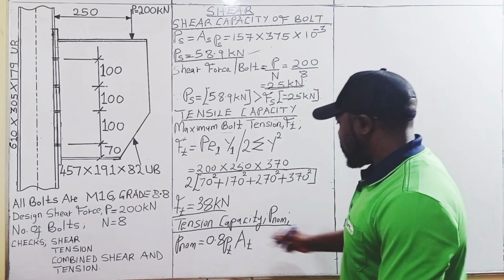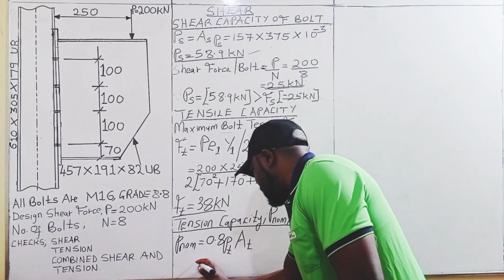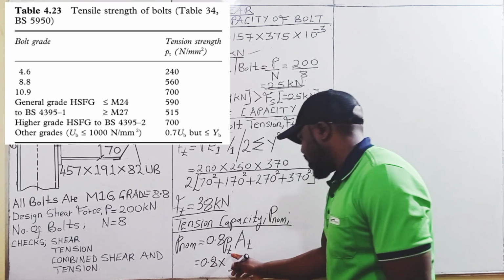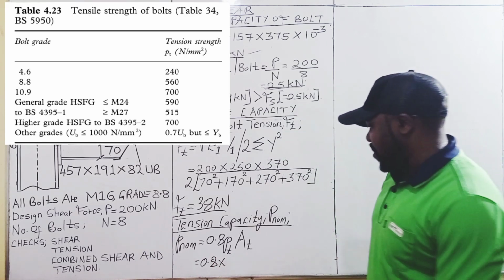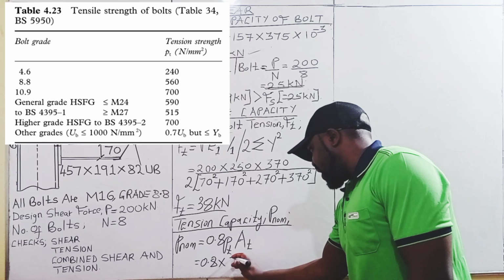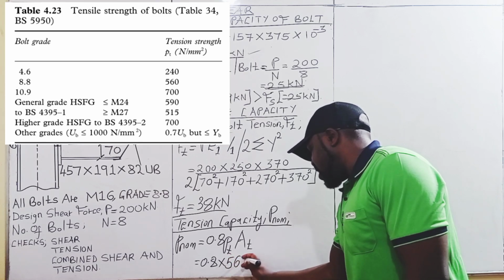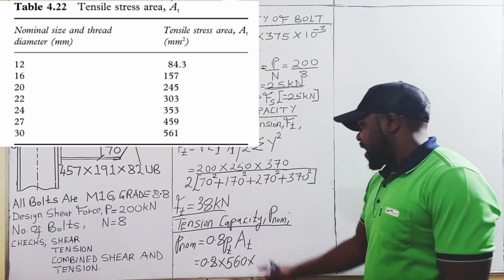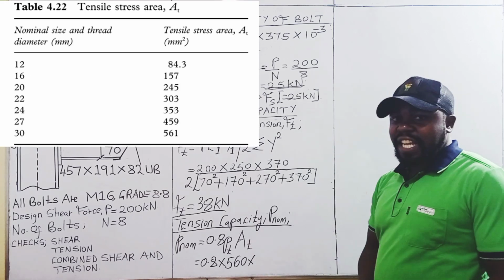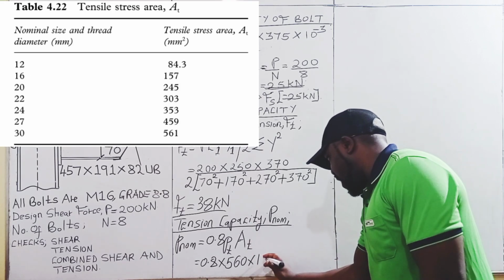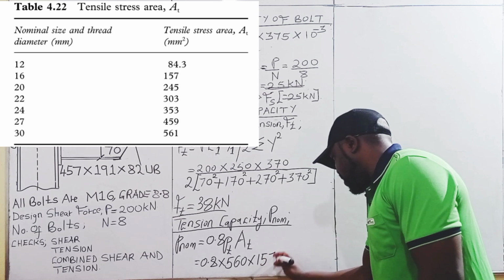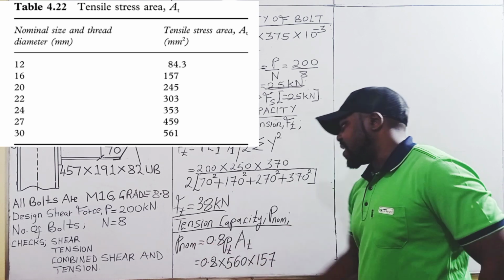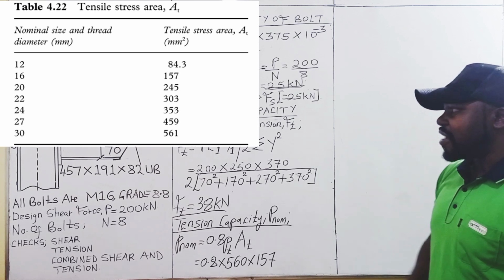Therefore, tension capacity will be equal to 0.8 times the tensile strength of the bolt from table 4.23, which is 560 newtons per square millimeter, multiplied by the tensile stress area of the bolt, which is 157 square millimeters.